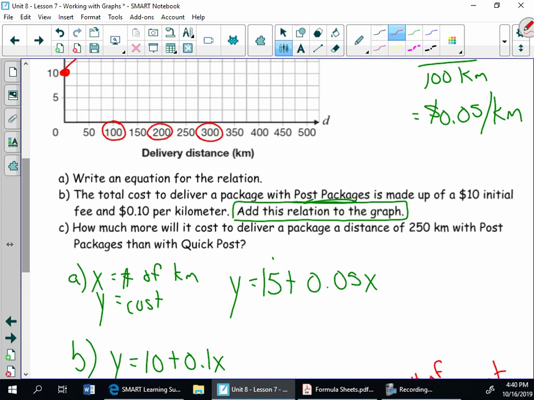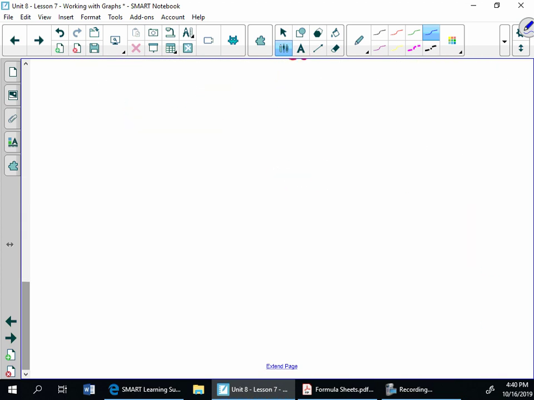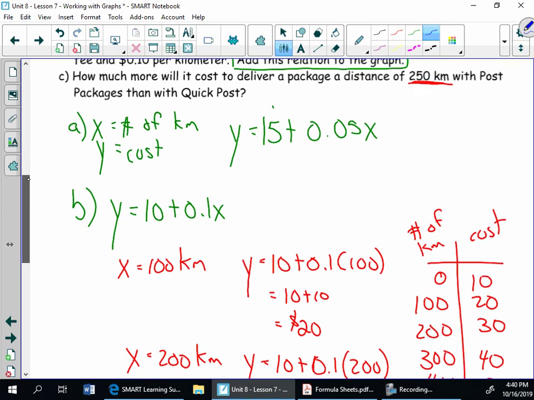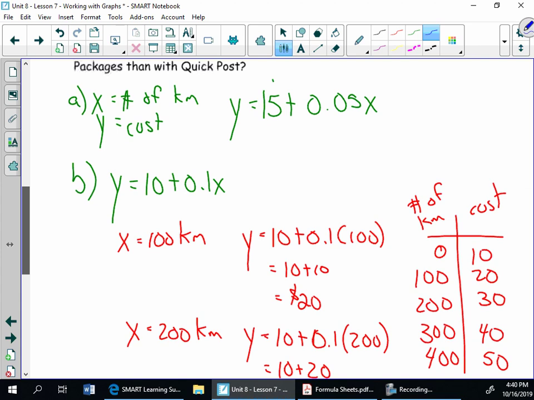What was the question for C here? How much more will it cost to deliver a package a distance of 250 kilometers with Post Packages than it does with Quick Post? Well, we have equations. Equations are really handy things. So, part C. Our first equation, what was this first one called? I think it was called Quick Post.